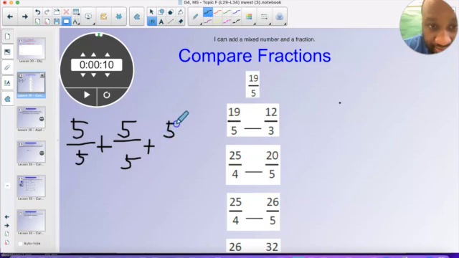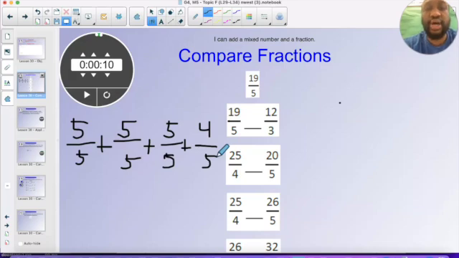That makes 15 fifths. And if I do another 5 fifths, I cannot do that because that will be 20 fifths. So 5 fifths plus 5 fifths plus 5 fifths plus 4 fifths is equal to 19 fifths.